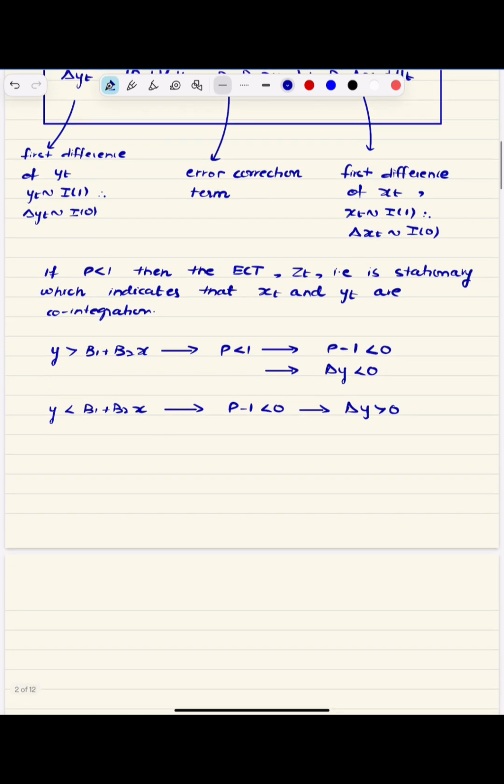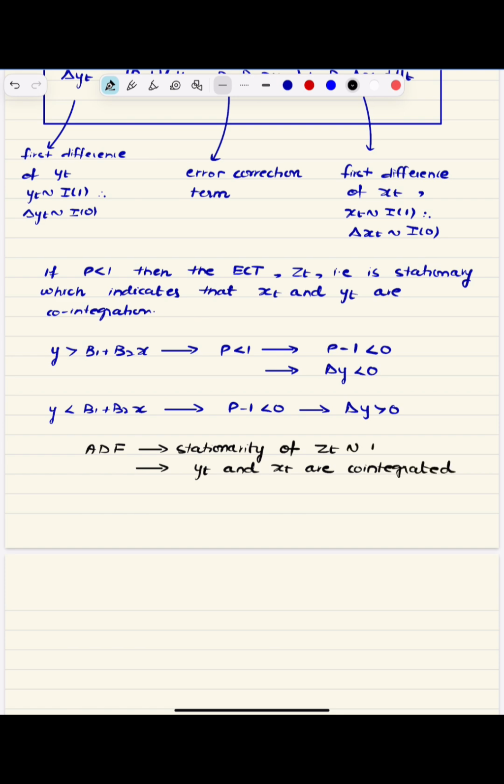So the key result that you have to remember is that the augmented Dickey-Fuller test helps us establish the stationarity of the linear combination of y and xt, which we denoted as zt, which tells us that the series y and x are co-integrated despite being integrated of order 1.